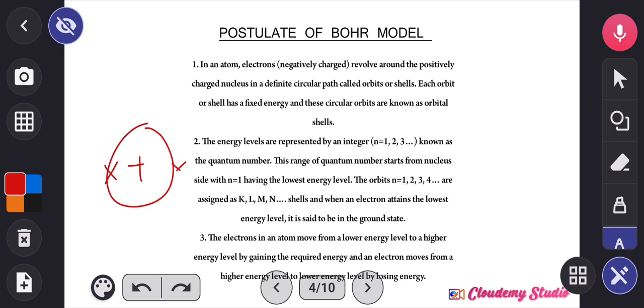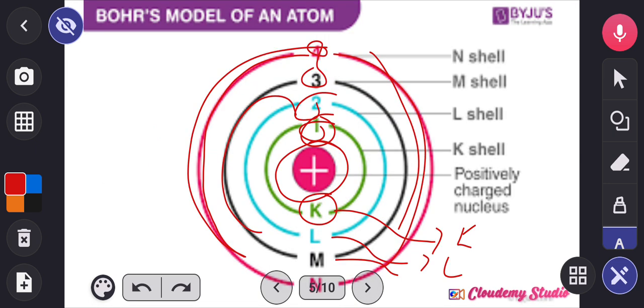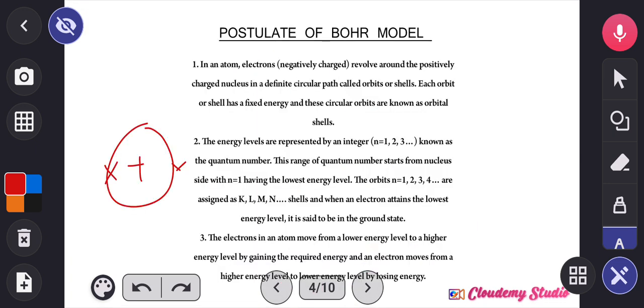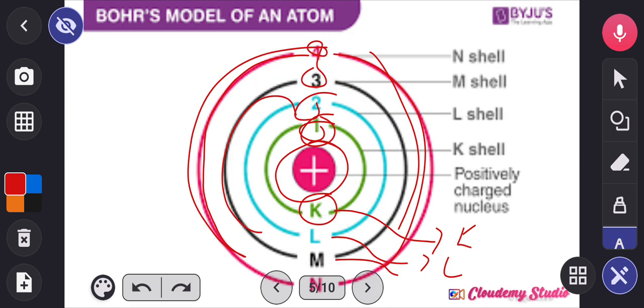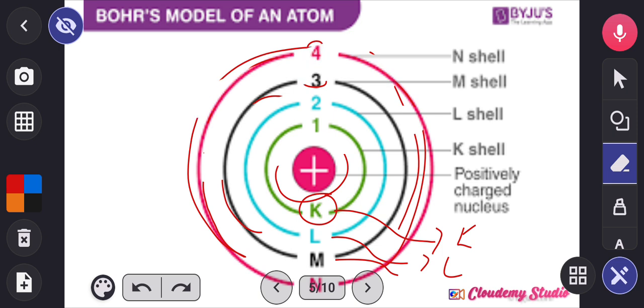The energy level is represented by an integer, like I've shown before, which is integer 1, 2, and 3. Each of these integers is known as a quantum number. Like I said, we'll talk about the 4 quantum numbers that we have. The range of quantum numbers starts from the nucleus side, where n equals 1. So let me just clean this so that you can visualize it well.